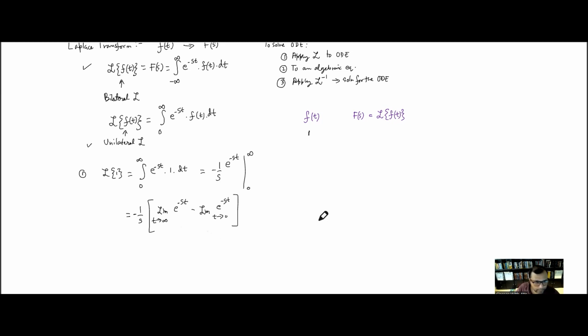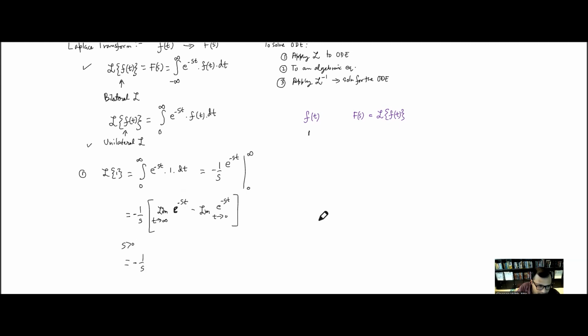Now, we do have a problem here. If s is a negative number, then this will become divergent, which is the limit will become infinite. All right. So we really cannot find the Laplace transform of 1. But when s is greater than 0, then the limit is convergent. So let's calculate this when s is greater than 0.